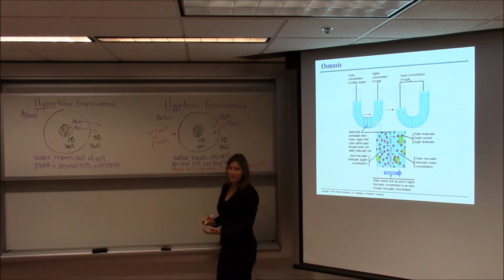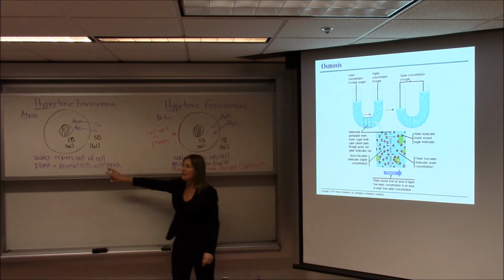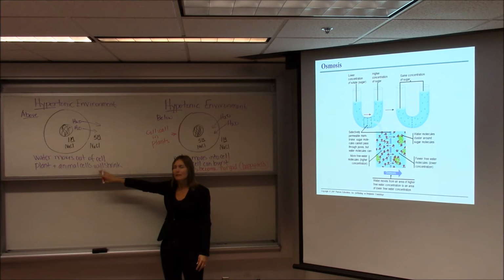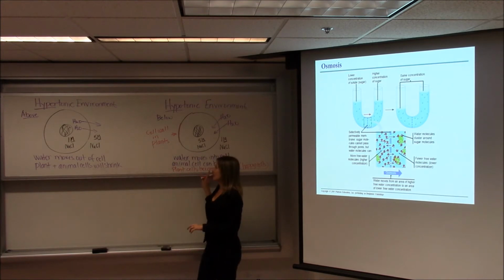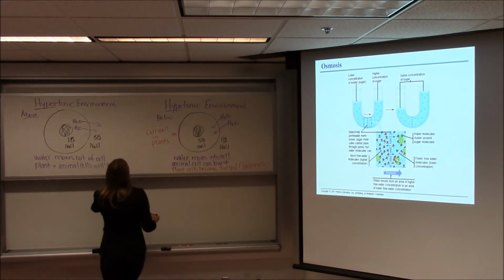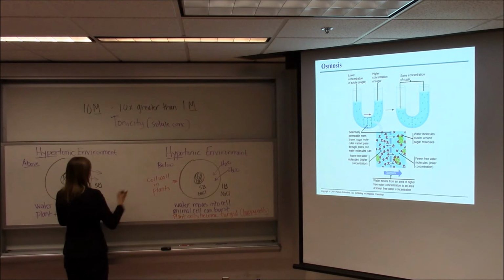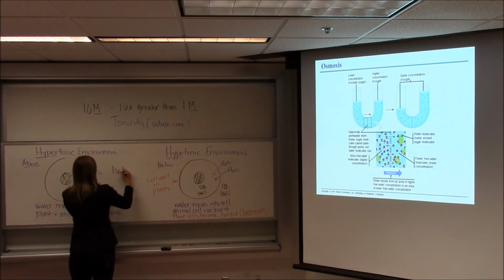These are happy cells. Obviously not literally, but it's a good thing in plants, bad thing in animals. So here, plant and animal cell did the exact same thing. They both shrank. Here, animal cell is going to burst, plant cell will become turgid. In the middle of this, we have what's called isotonic. If something's isotonic, iso means same.